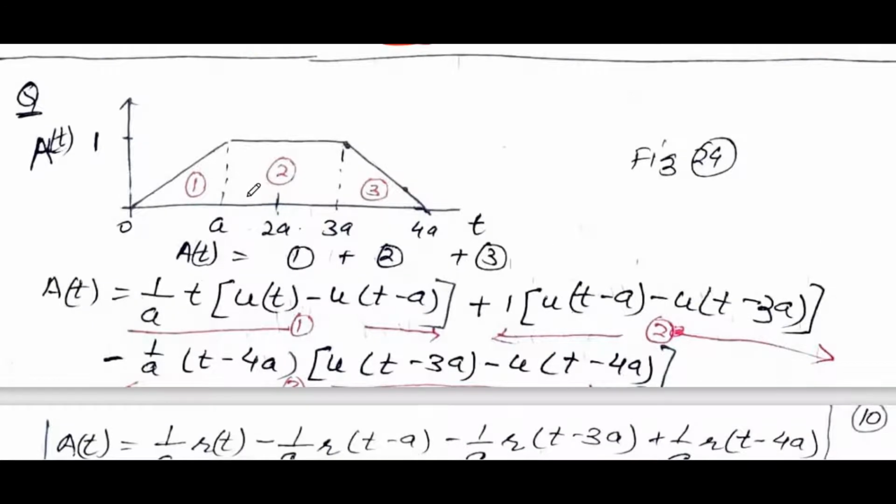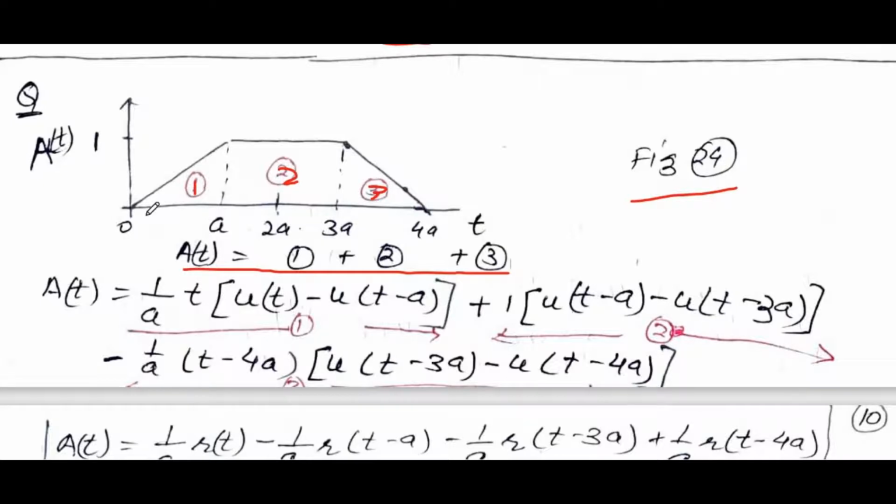This figure 24 has three parts, 1, 2 and 3. So if I have to synthesize it, a of t will be the summation of three parts, 1, 2 and 3. This first part, first of all, let us find the slope.